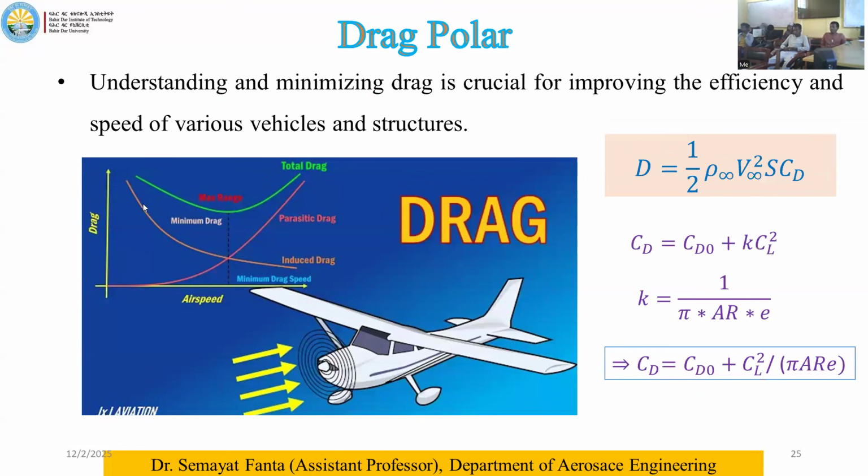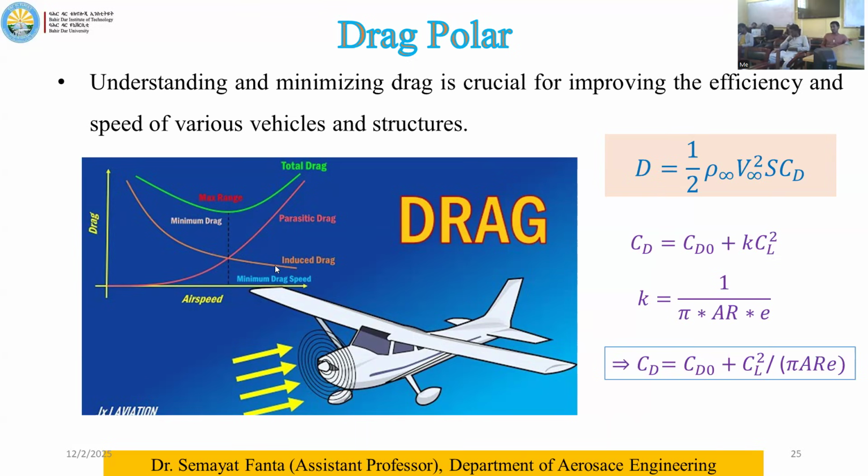So these are the two types of drag. You can find the drag versus airspeed curve, D versus V infinity. On that curve, you can see two drags: one is induced drag, and another is parasitic drag. As you see, induced drag decreases with speed.